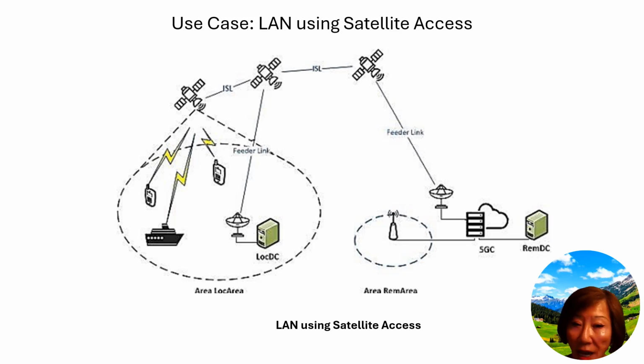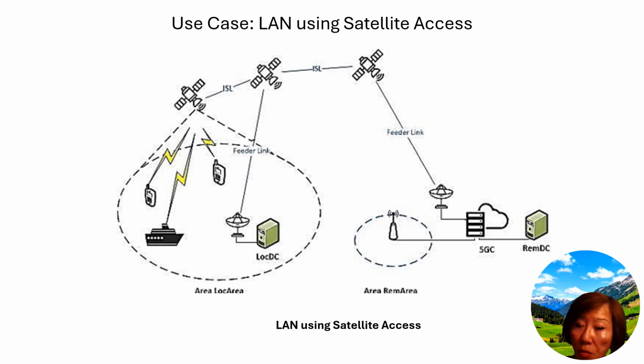Satellite access enables communication between the devices in the LOC area and allows data exchange between LOC DC and RAM DC, the local DC and the remote DC. The system supports flexible network configuration, combining satellite and terrestrial elements to provide continuous connectivity.